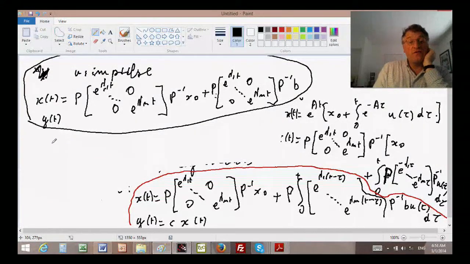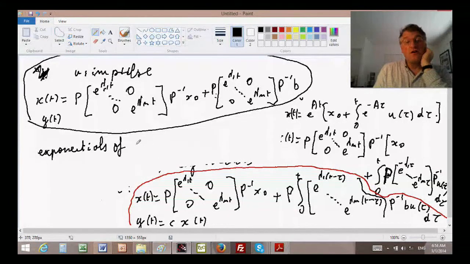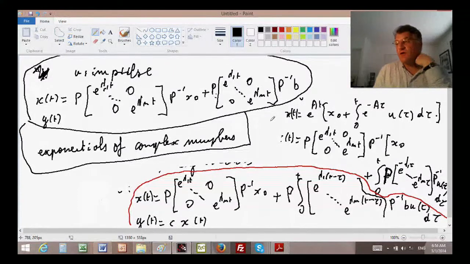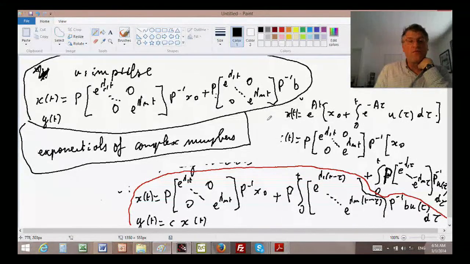Of course, sometimes we will have exponentials of complex numbers, but nevertheless, exponentials. So what you have is a very good view of how complicated things can get.